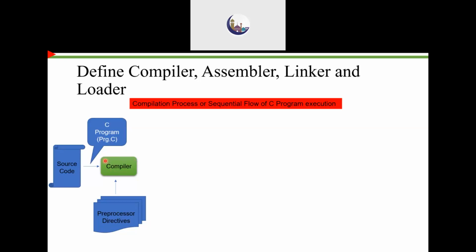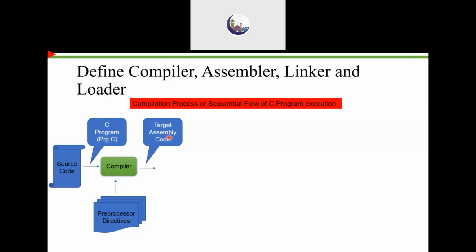So once this program is perfect, error free, it will be passed on to another component as a target assembly code. So what is happening, whatever C program high level language was there, it got converted into assembly level language, which is containing mnemonics. This assembly language cannot be directly understood by the computer.